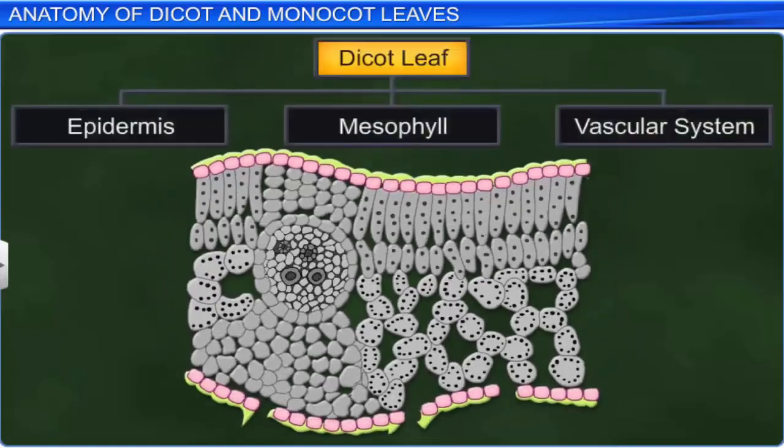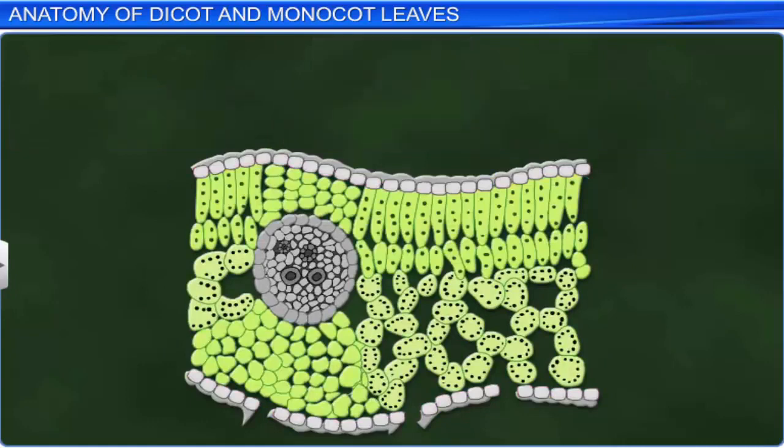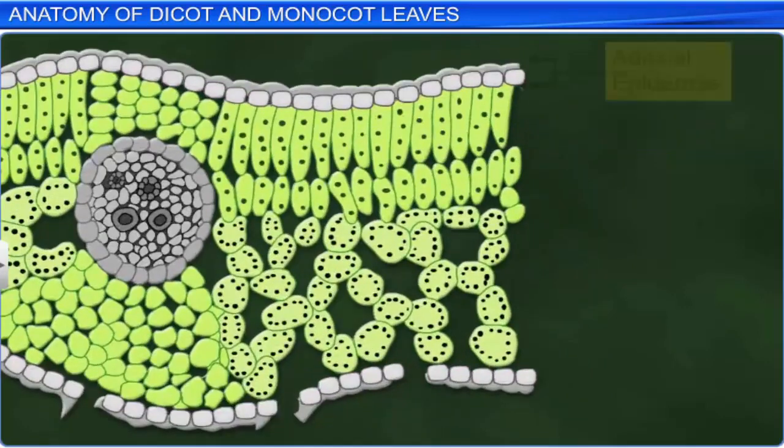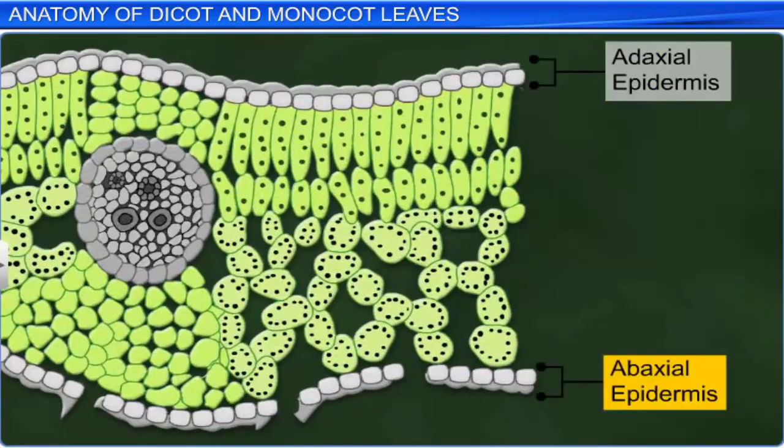The next part of the leaf is the mesophyll, which is located between the upper and the lower epidermis. It is also called the green tissue of the leaf, as it contains chloroplasts. The mesophyll is made up of parenchyma and performs photosynthesis.